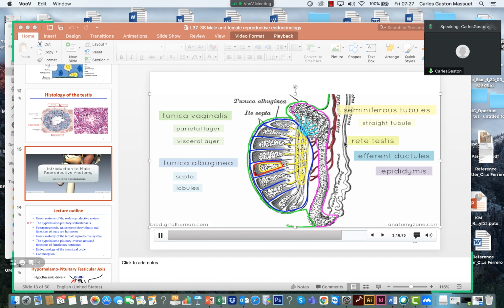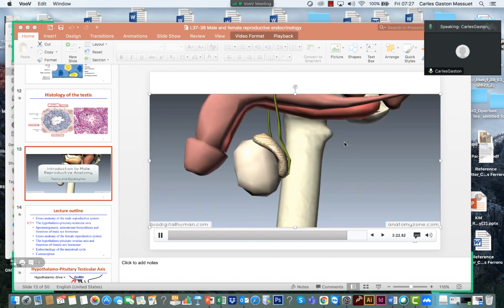And it's in this location where they're stored until ejaculation. So just coming back to the 3D model, you can see the epididymis sitting on the posterior and superior aspect of the testis, and it's got three parts. It's got the head, the body, and a tail inferiorly.